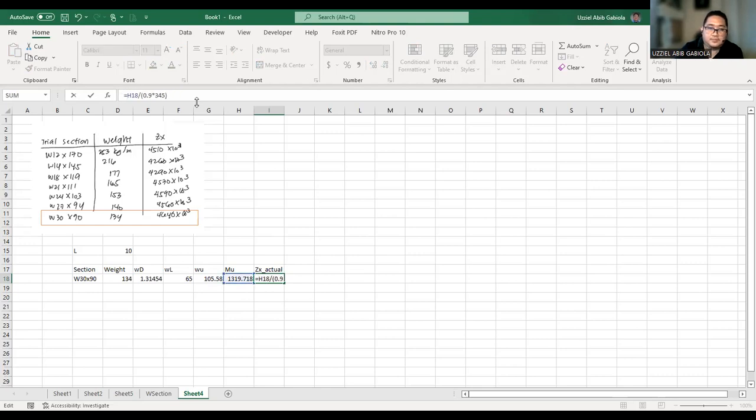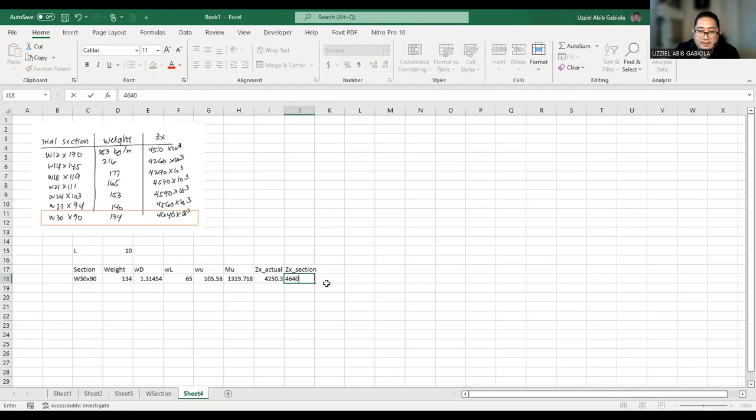Tapos divide natin ng 1e cube para maging ito yung 250 times 10 to the 3 mm cube. Ito yung actual natin. Yung ZX ng section natin is yung nakalagay dito, 4640.